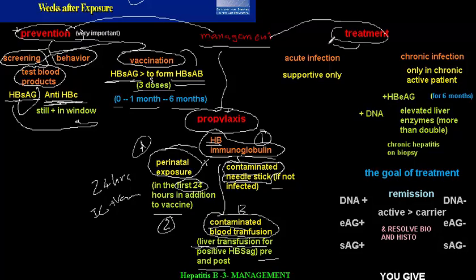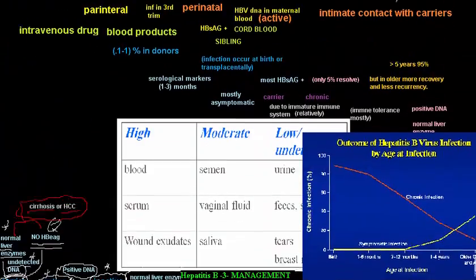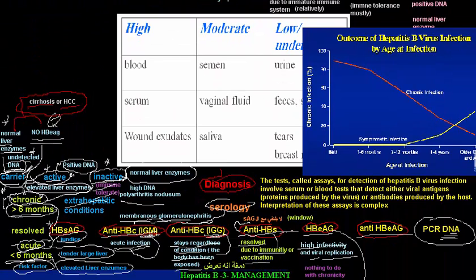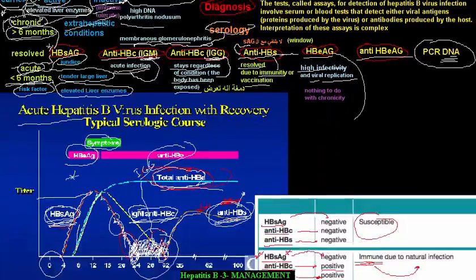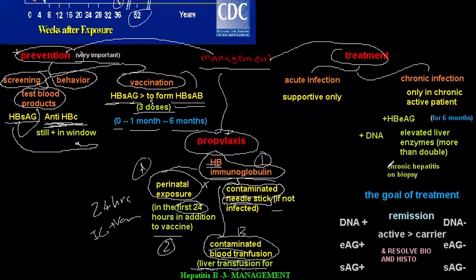We have acute infection and chronic infection, and the chronic infection is divided into three cases: the carrier state, the active state, and the inactive state. I told you in the previous video that this depends on the liver enzymes, the DNA, and the hepatitis B envelope antigen.